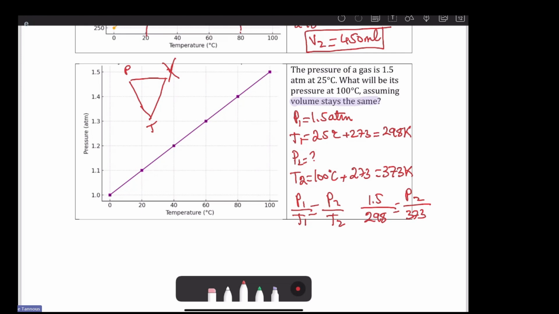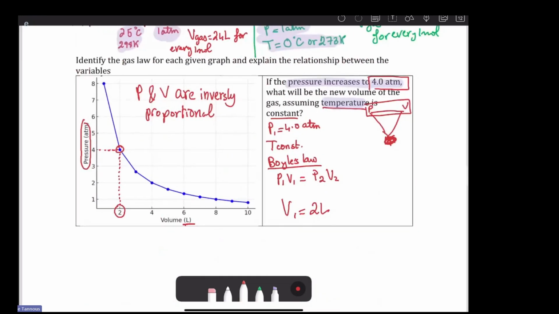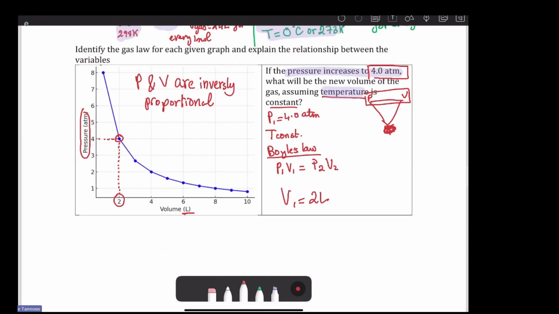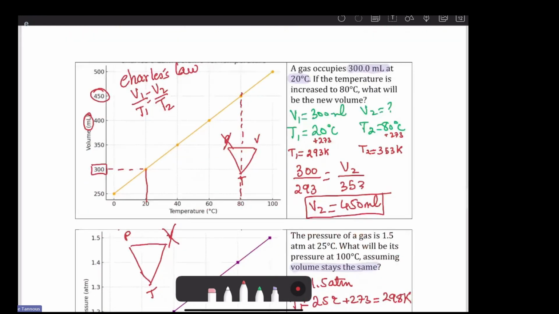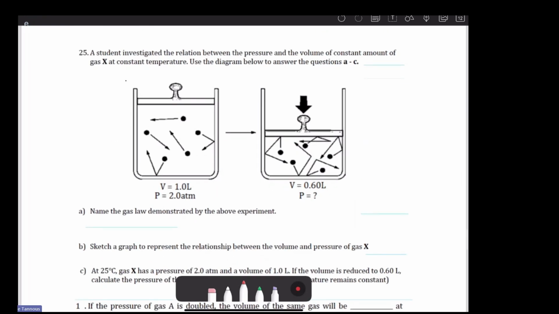So the pressure is going to be 1.87 atmosphere. As you can see, in these three laws, P and V are the only ones inversely proportional, whereas the volume and the temperature and the pressure and the temperature are directly proportional. And these graphs, you need to know how to draw them.